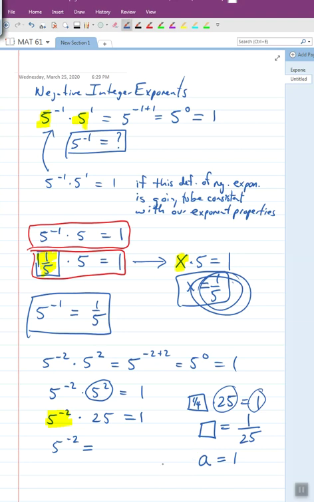Wouldn't the answer always be the reciprocal of that number? You agree with that? So for example, what do you multiply by 5 to get 1? It'd be 1/5. What do you multiply by 25 to get 1? 1/25. And in this case, we're saying this guy, when you multiply it by 25, should give you 1. That means this 5 to the negative 2 has to mean 1/25.